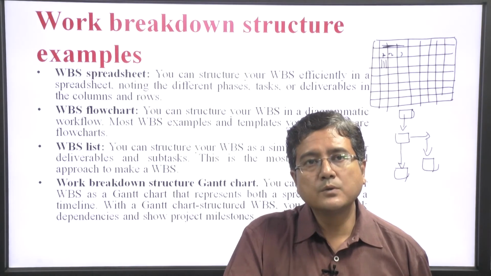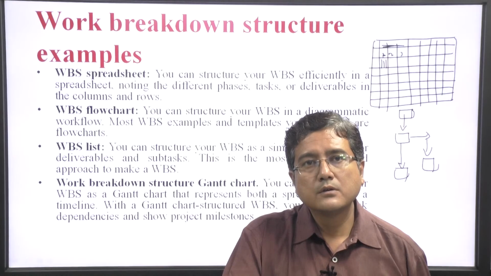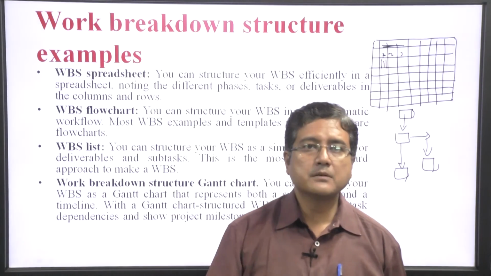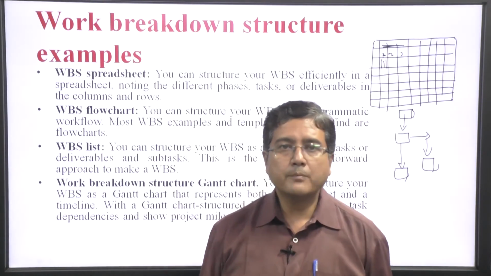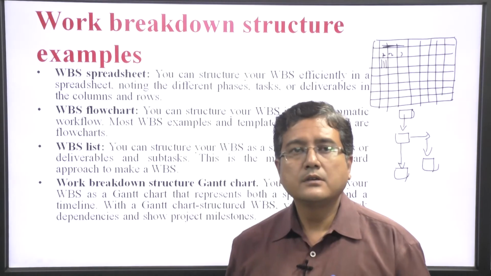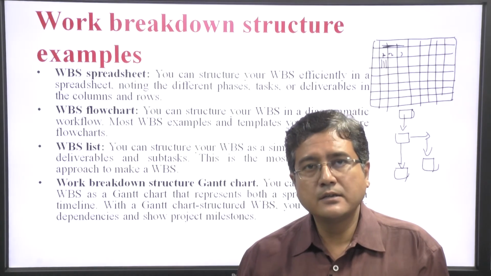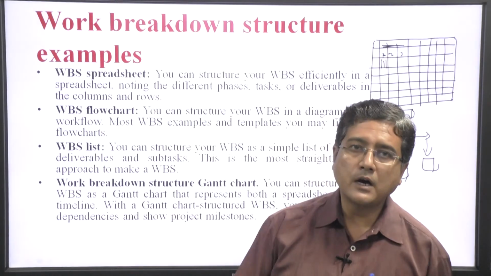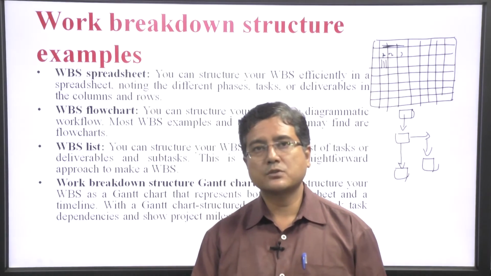You can also use a list of deliverables, various deliverables. Work breakdown structure by Gantt chart. I told you how we can create the Gantt chart in a previous lecture also.